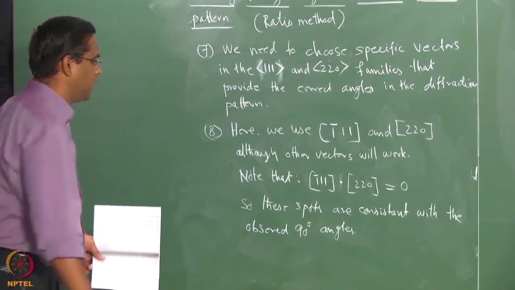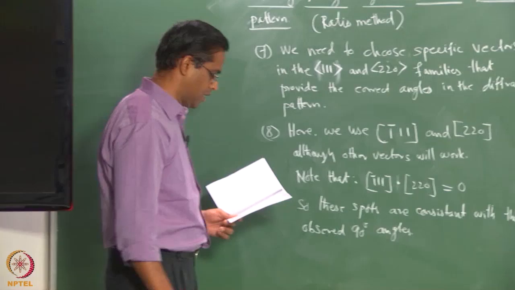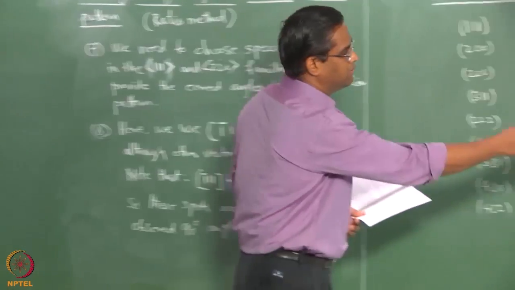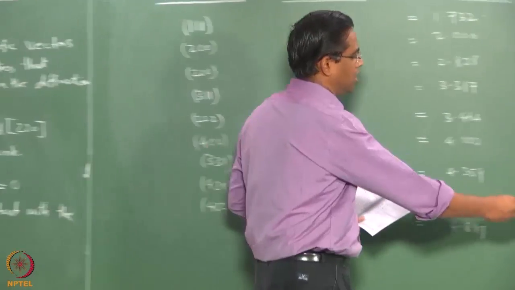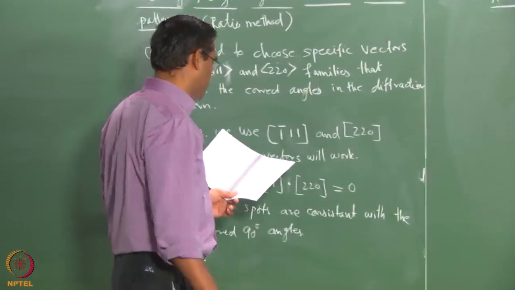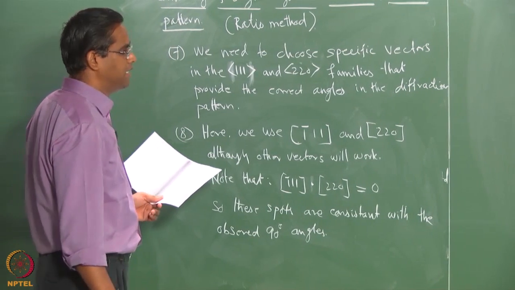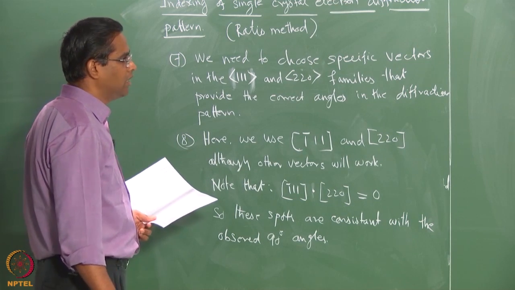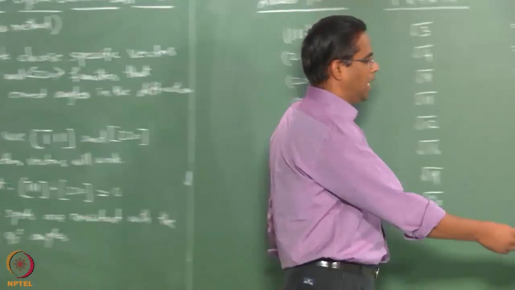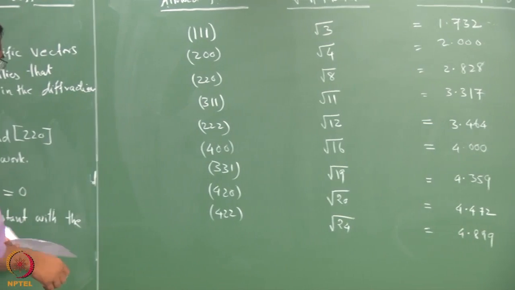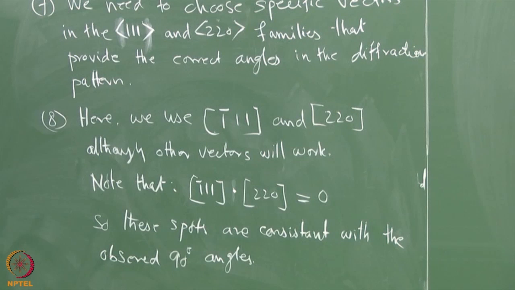With this condition we can eliminate the other possible vectors. For example, all these vectors, the other possible pairs, we can eliminate, because no vectors in their families are at 90 degree angles. Since none of these pairs have 90 degrees between them, with the initial inspection we can now try to complete the diffraction pattern.